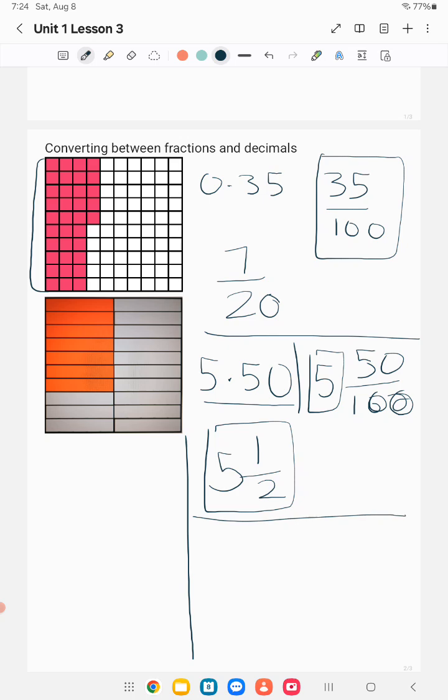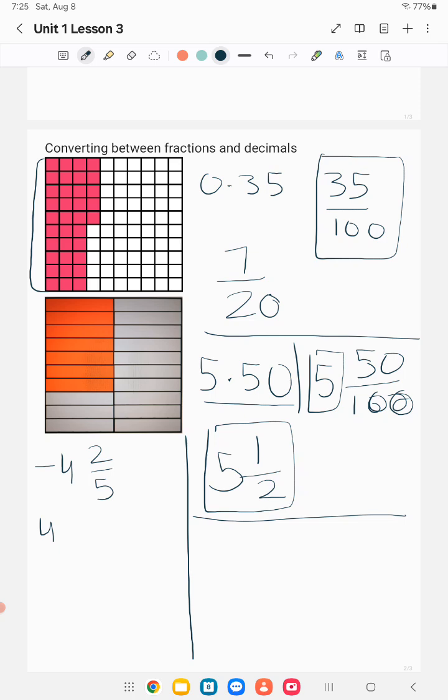For our third question, we got negative 4 and 2/5 into a decimal. So for this, we can just ignore the negative sign to make our life easier. So we could just do 4 for now, and 2/5 to make solving this much easier. Let's try to have an easier denominator, for example, a 10.